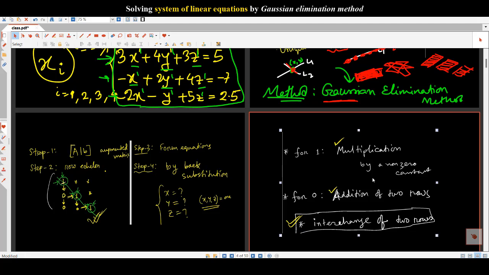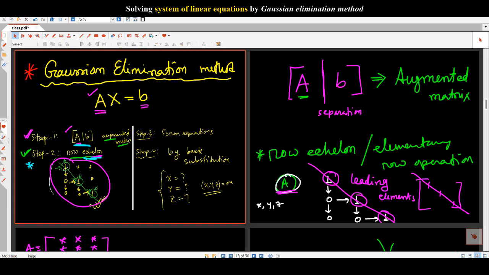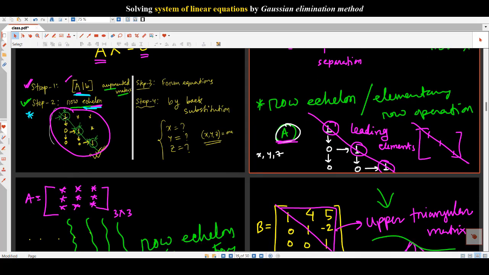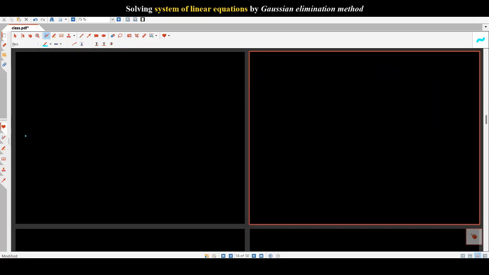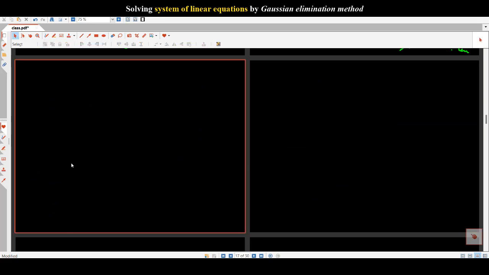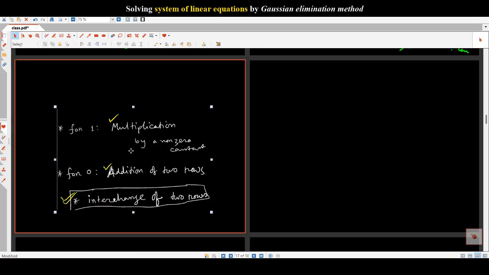Just like that, we have some other 3 operations to introduce, and that will be done here. So those 3 main operations are these.